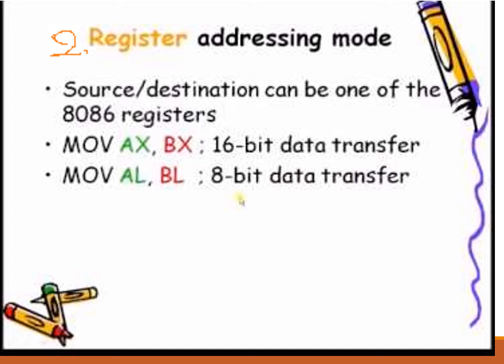Here I have used general purpose registers as both source and destination, and listed 2 examples. You can see a 16-bit operation and an 8-bit operation. In both cases I have used the source operand as BX or BL, one of the general purpose registers. As the source operand is a register itself, and the instruction accesses data using registers for both destination and source, this type of addressing mode we call register direct.